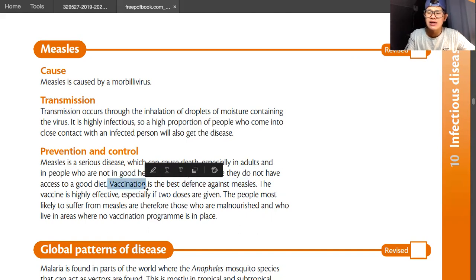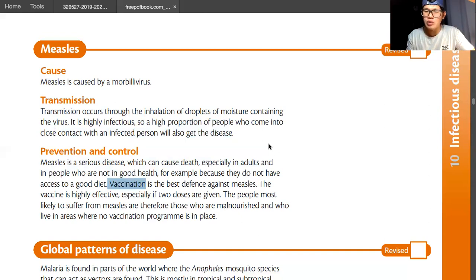Okay, so this is the same case as coronavirus right now as well. It is highly infectious, it is transmitted through droplets, and the best way is through vaccinations. So it's quite similar to coronavirus now.